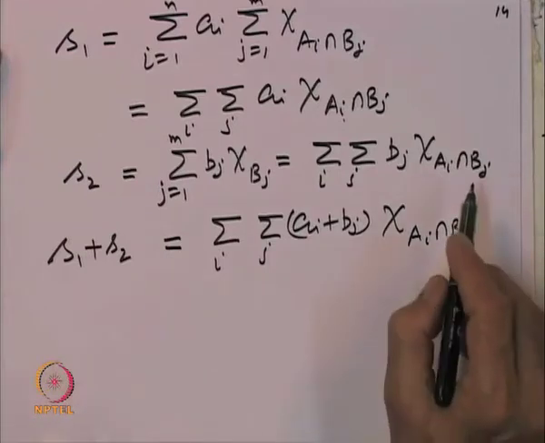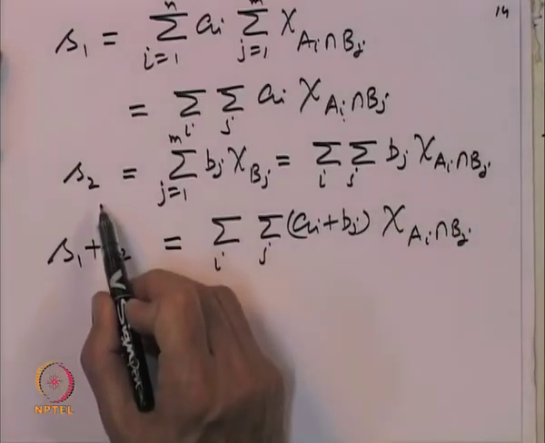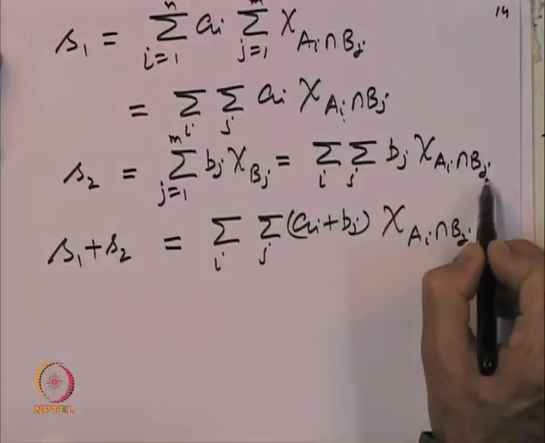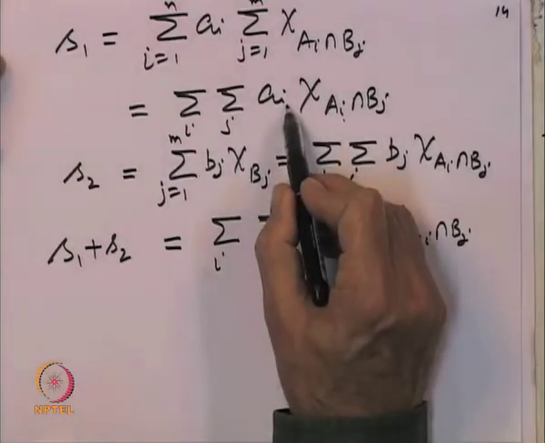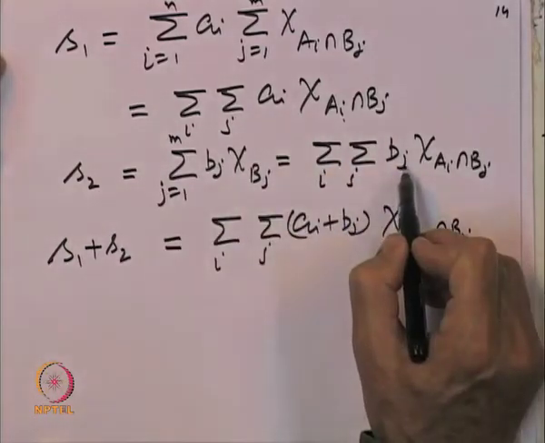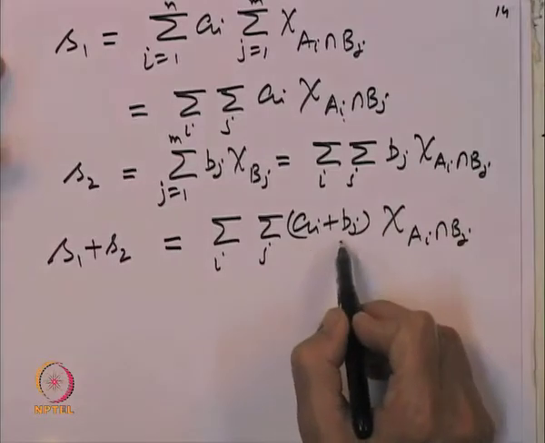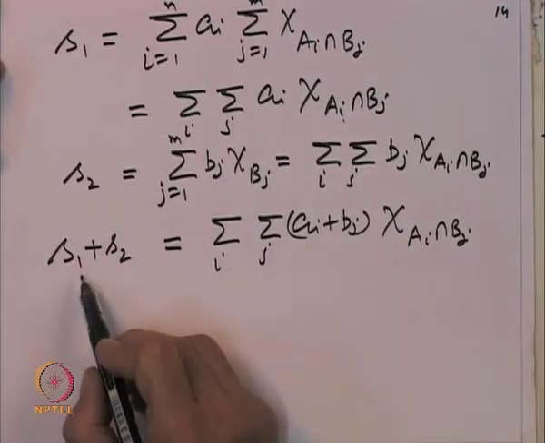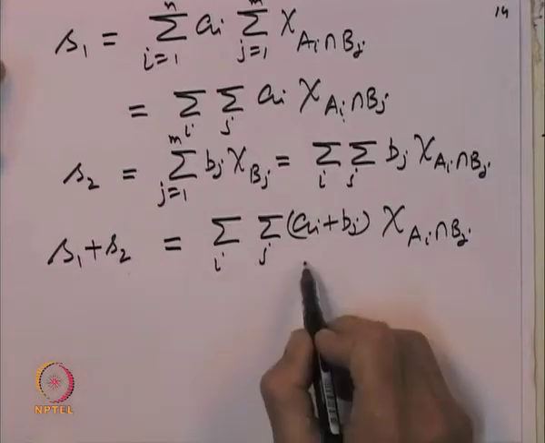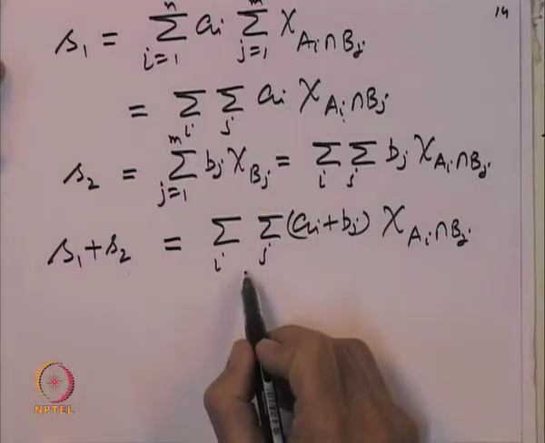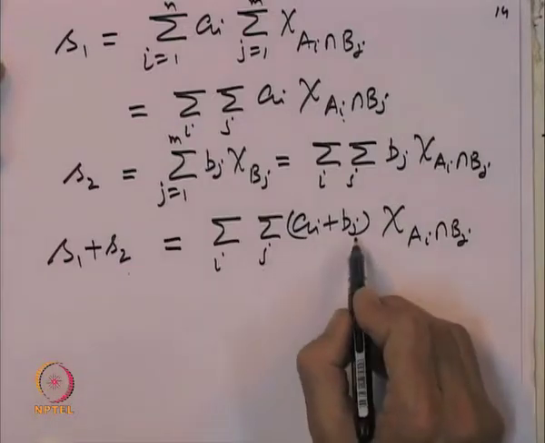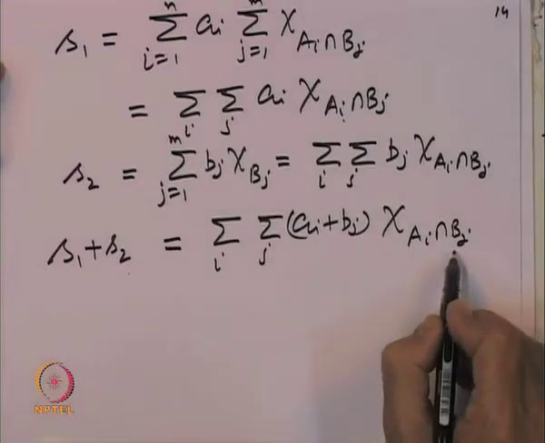And that should be clear, because if I take a point x, and x belongs to A_i intersection B_j, then S 1 gives the value a_i and S 2 gives the value b_j. So, the sum will give the value a_i plus b_j. Outside the value is 0, so one does not have to bother. So, S 1 plus S 2 can be given the representation as summation over i, summation over j of a_i plus b_j times this indicator function.